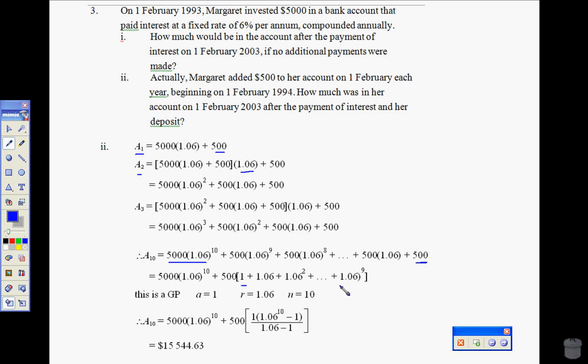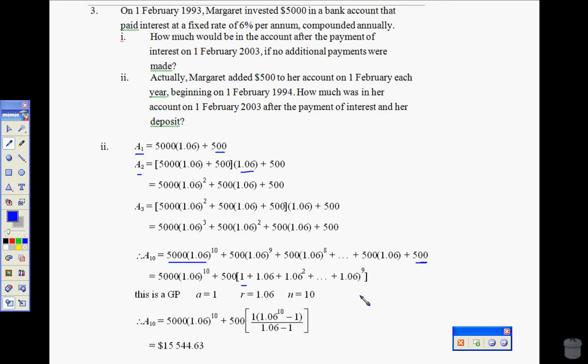So this time, if we have a look at our pattern, we've got a is 1, r is 1.06, because it's going up by 1.06 each time. But again, we've made 10 investments. We start at 1, but then we go 1.06 to the power of 1 up to 1.06 to the power of 9. If you're not sure, you can write them out to check this.